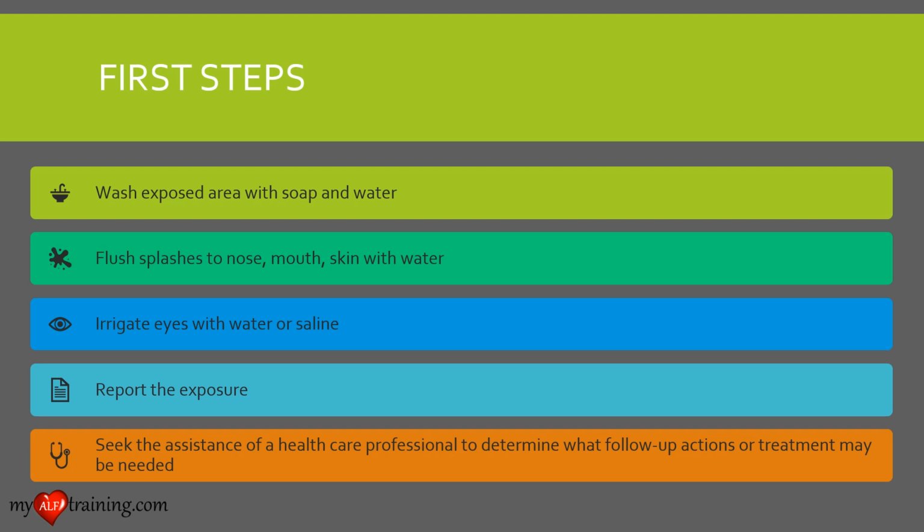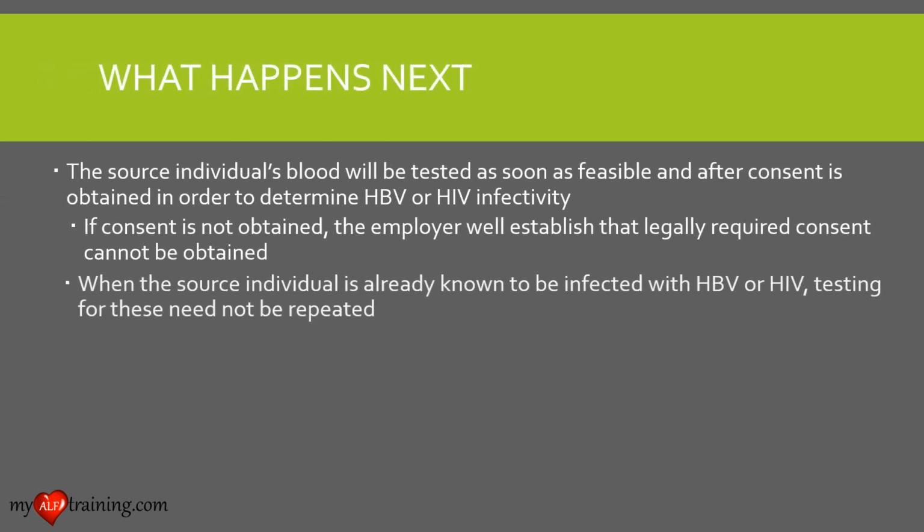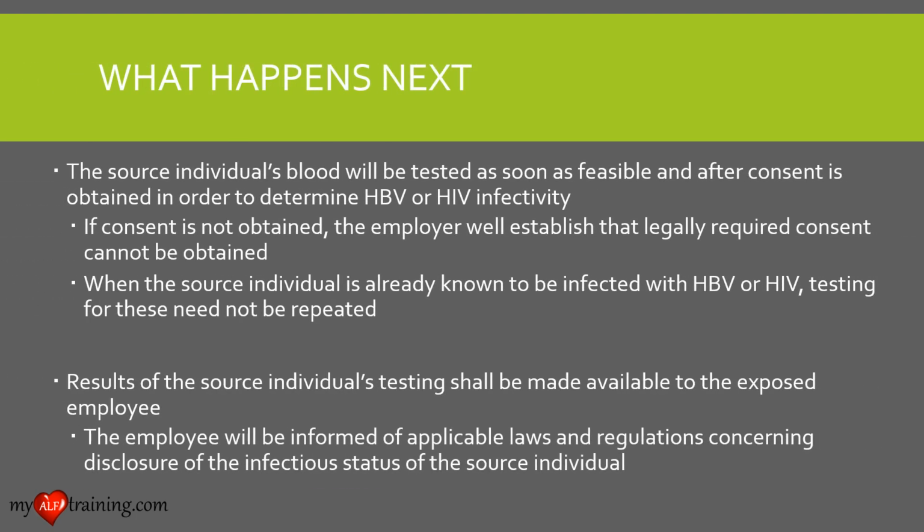The exposed employee will seek the assistance of a healthcare professional in order to determine what follow-up actions or treatment may be needed. The exposed employee, after thoroughly washing the area and immediately reporting the incident, can then expect that the source individual's blood will be tested as soon as feasible and after consent is obtained in order to determine HBV or HIV infectivity.